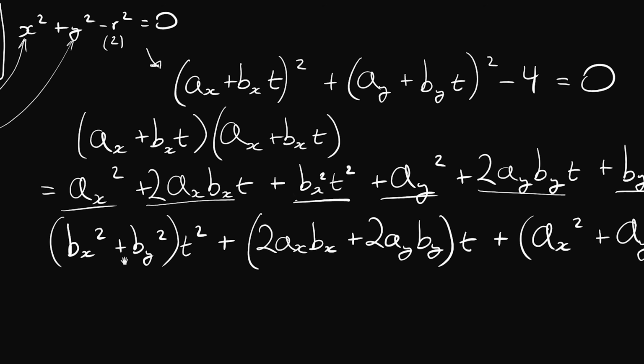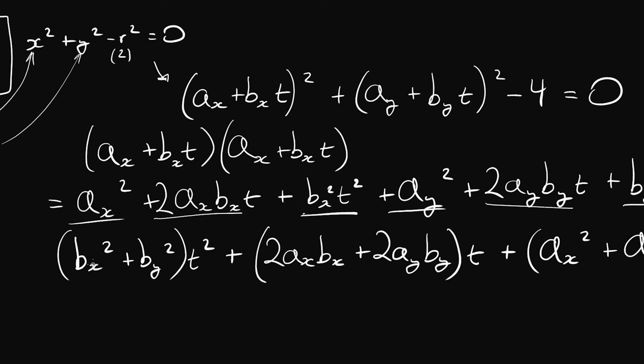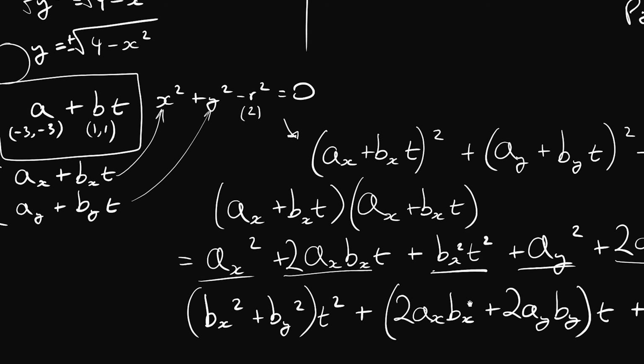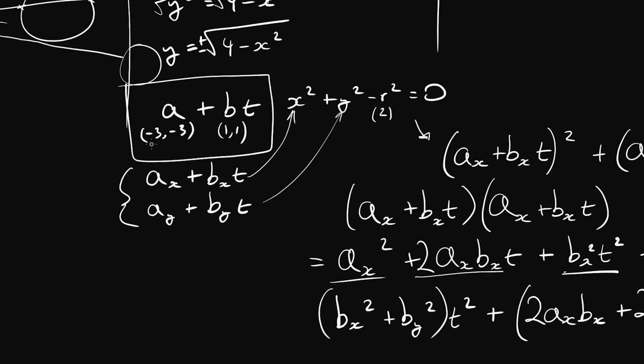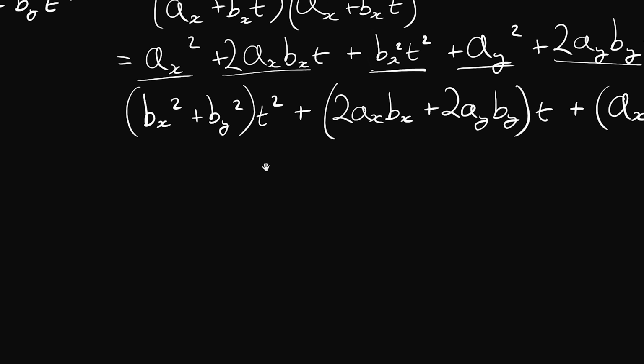So again, a and b are the two things we need to sub in, or ax and bx, right? Which we know, if we go back to here, that ax is minus 3, ay is minus 3, bx is 1, and by is 1. So let's go ahead and sub all of that stuff in.